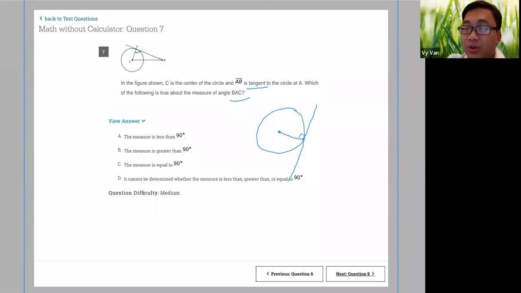Any tangent line that you draw, if you draw that radius to that touching point, it always makes a 90-degree angle. So right here, we know immediately the answer is C.